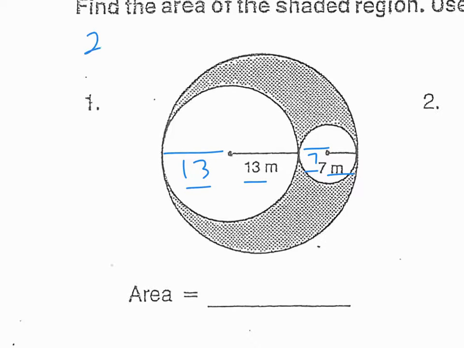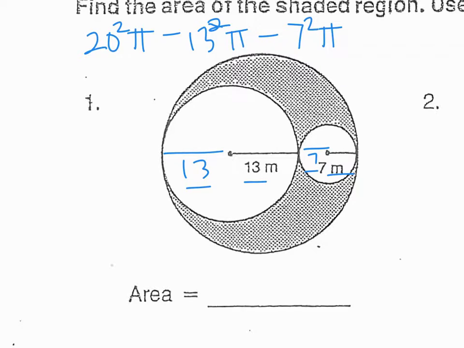So therefore, we have 20 squared pi is the area of the outermost circle. Now what we have to do is subtract off the 2 unshaded circles. So can someone give me the area of one of them? 169 pi, coming from 13 squared pi. And then subtracting off 49 pi from 7 squared pi. Now, since they all have pi's on them, they're all like terms. So you can just subtract them and give me an answer in terms of pi.